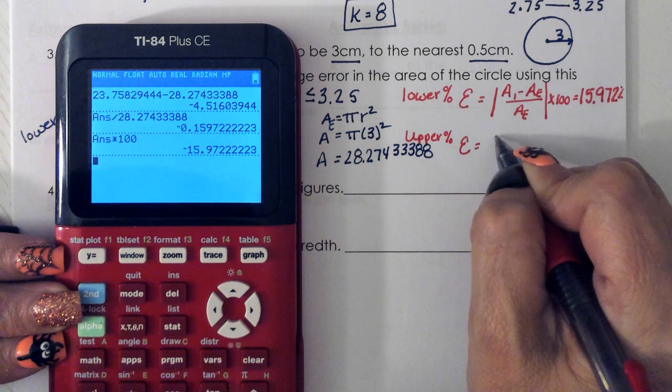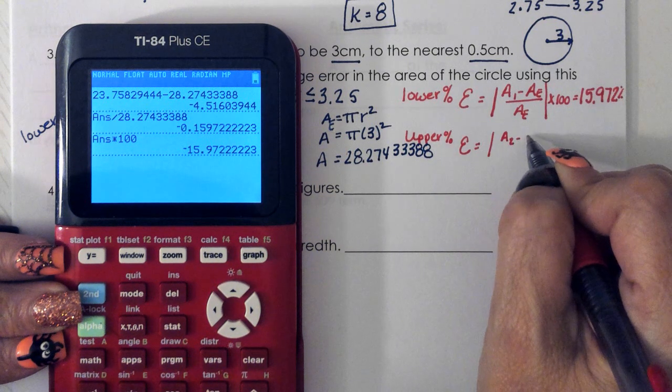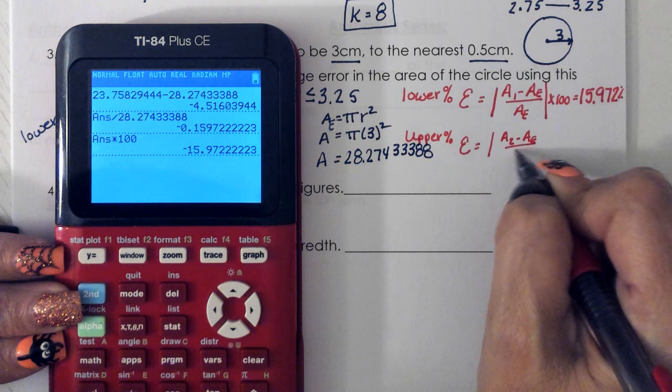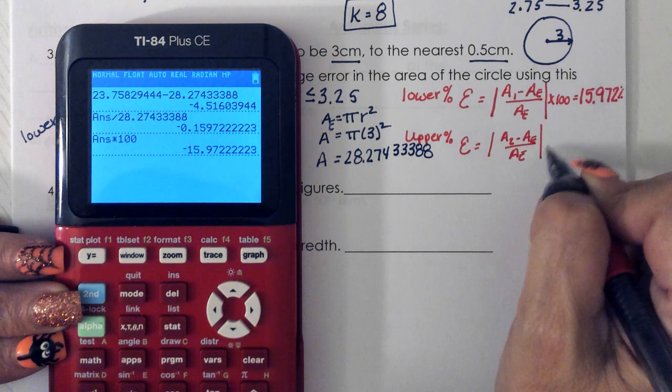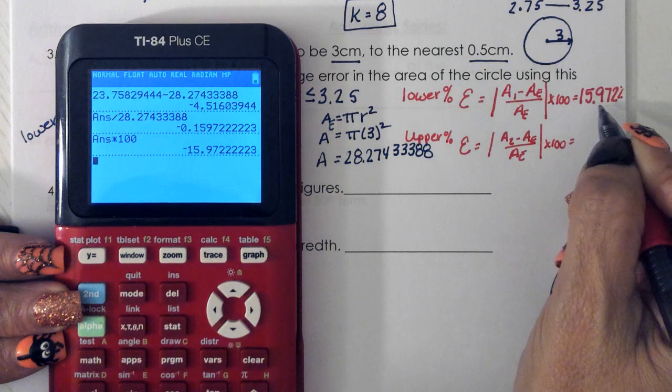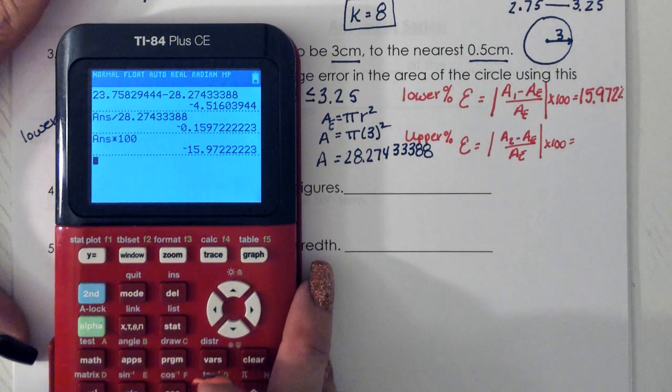Now let's do the upper. The upper percent is going to be A2 minus A exact, divided by A exact, times 100%. If it's bigger than 15, then we would know that would be our bigger error.